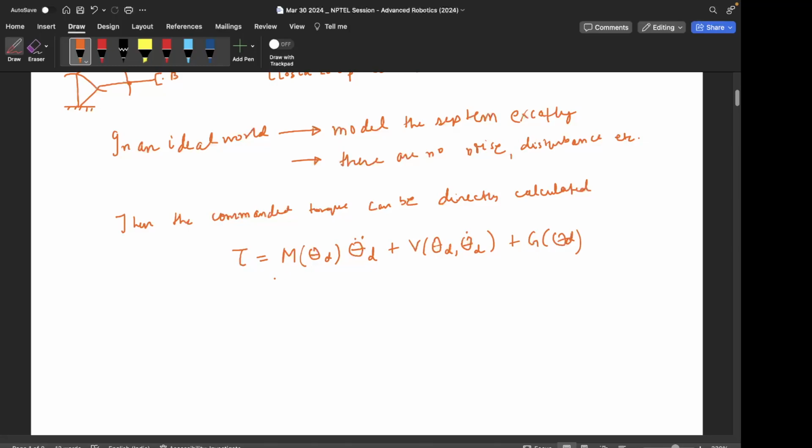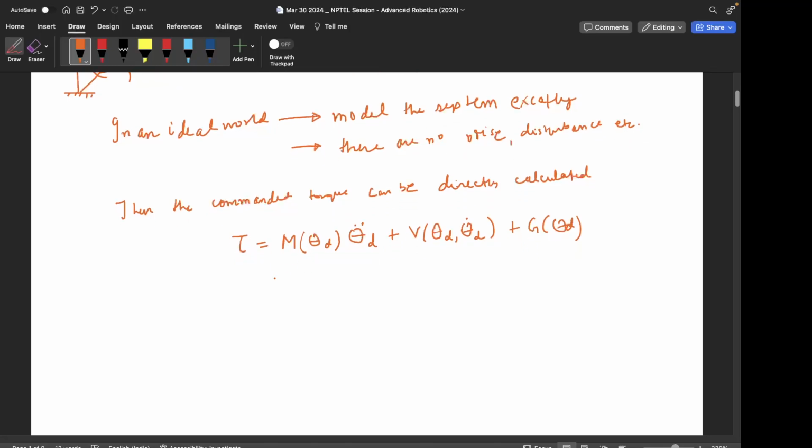But this never happens in practice because models are always inaccurate, and there is always noise and disturbance. In fact, there is a common saying in robotics that all models are wrong and some are useful. So let me put that here. All models are wrong, which means that we can never exactly model reality, and some are useful.